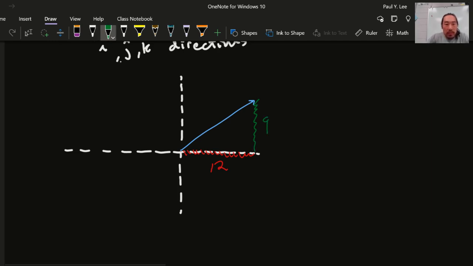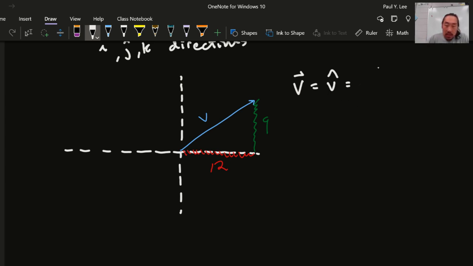We call this vector V, I believe. In order to write this out, we would say V. We can use that arrow notation, or even put a hat on top of it. Both are fine. I personally use a lot of the arrows myself.